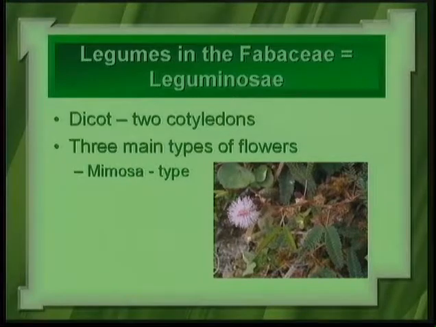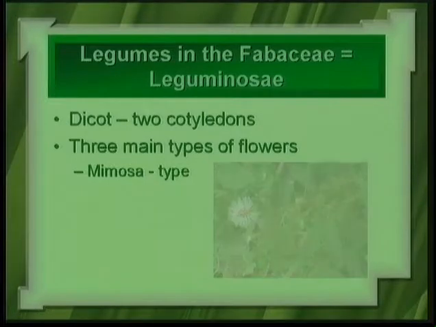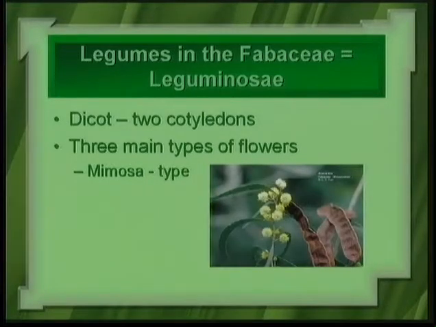So the mimosa type is where you have inflorescences with the most conspicuous parts being the stamens. You can see little anthers at the tips on some of these. We have another example, one of the main forest trees in Hawaii. This is Acacia koa, also known as koa. It has the same kind of inflorescences.